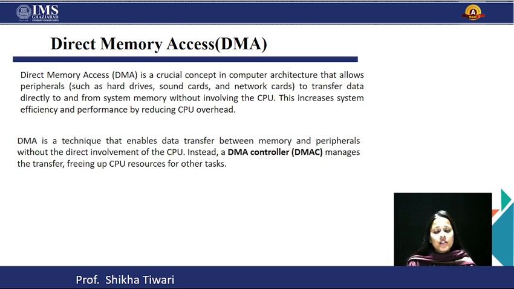That means once the CPU has granted the buses, DMAC will take over the control of the buses. The data will be transferred, and when the data gets completely transferred with the help of data count, then the buses will be returned back to the CPU.